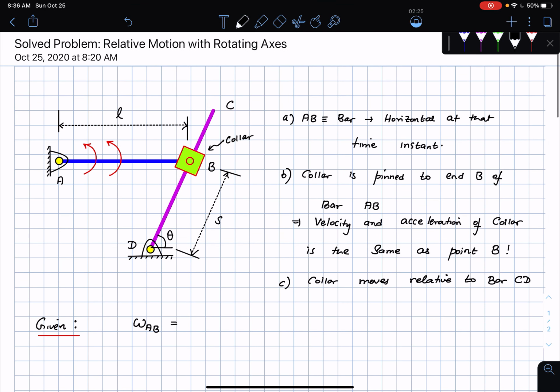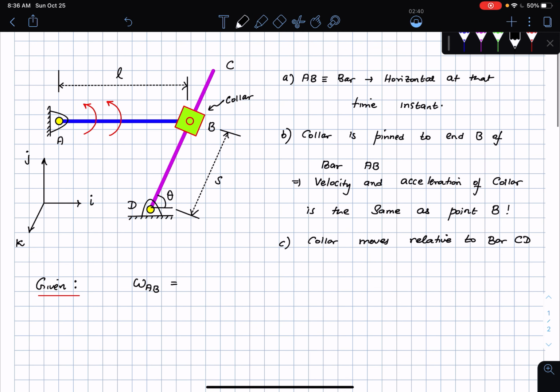If I set up a coordinate frame here, let's call this the IJK system. This is I, this is J, and this is K. Omega AB, I'm told, is counterclockwise, and this is 40 K radians per second.